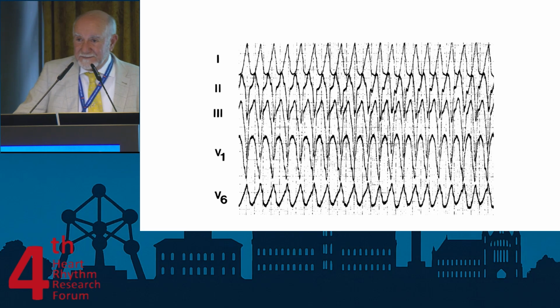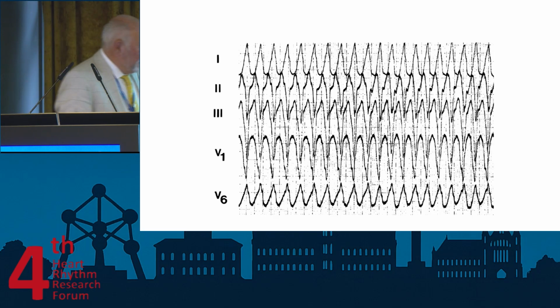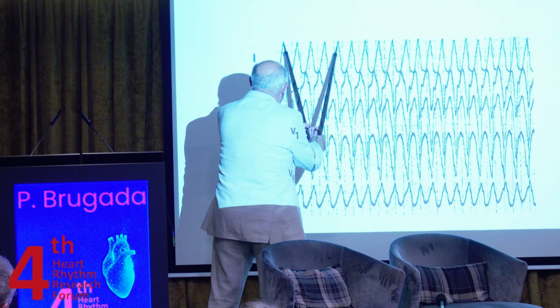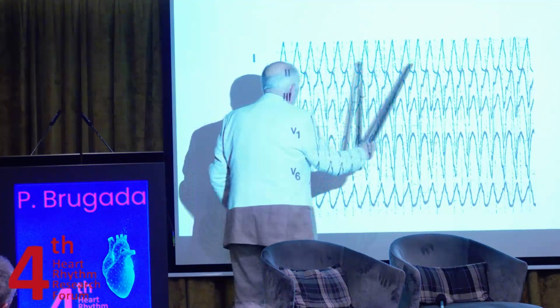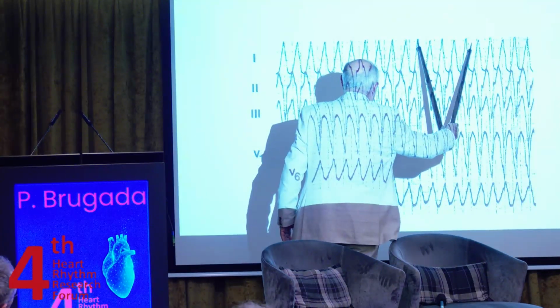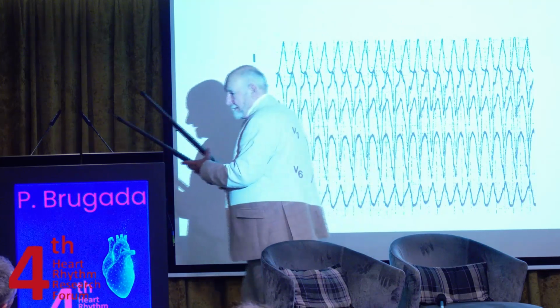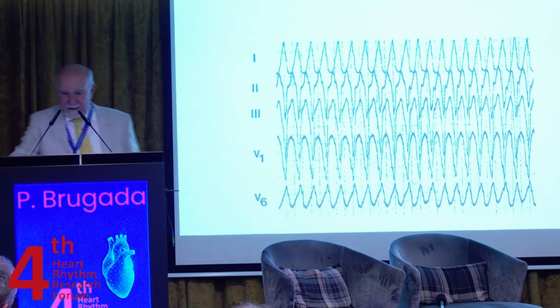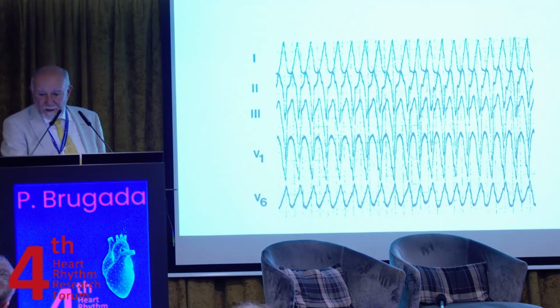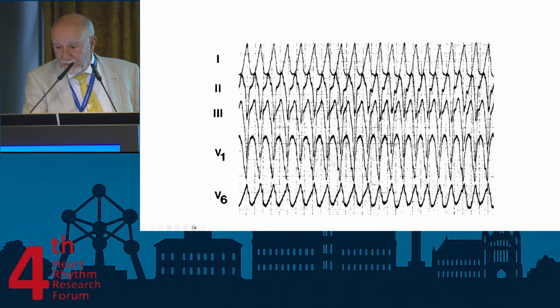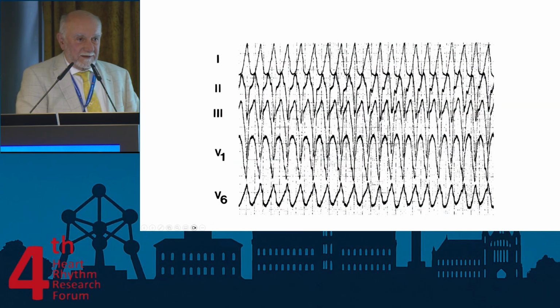What is this? This is a tachycardia with a wide QRS complex. And all of a sudden it accelerates, as you can see. And not only does it accelerate, if you look carefully at lead 2, you see the appearance of a notching after the QRS complex.